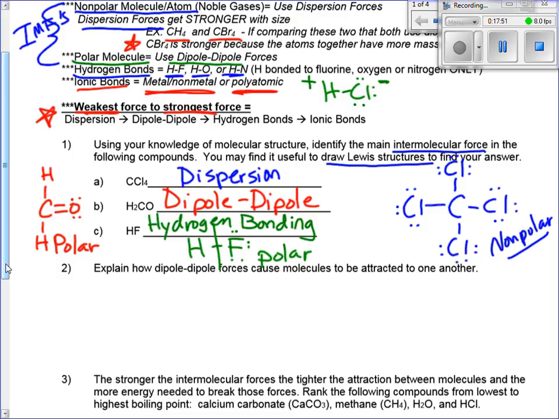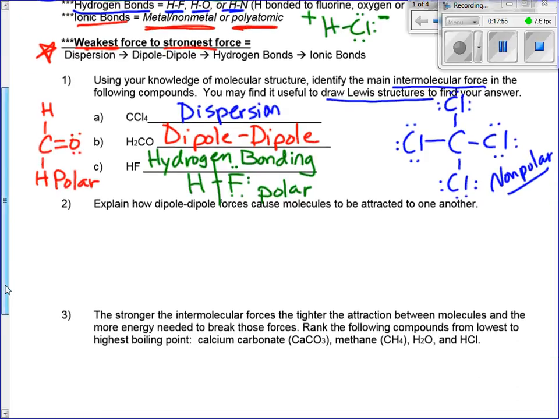Okay. Now let's take a look and explain how dipole-dipole forces cause molecules to be attracted to one another. I'm going to use HCl as my example, and we're going to draw it in, and then we're going to use words to explain what's going on. As I drew up there about HCl, you will see here this side is partially negative with the chlorine, this side over here is partially positive with the hydrogen.